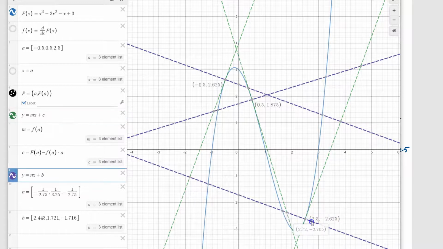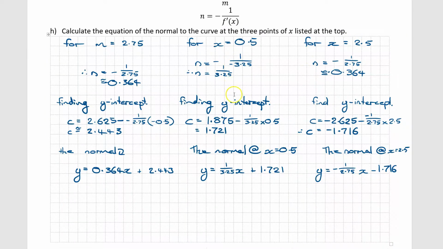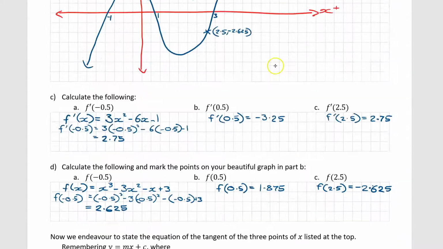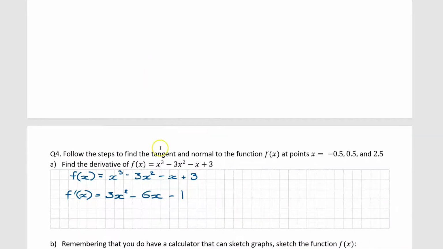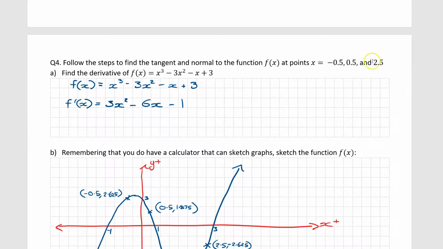And on top of that, it cuts through the common point as well. So this has been a video on how to do this new question that goes through the steps of finding the tangent and the normal functions to an original nonlinear function listed up here, at the points stated over here as well. So a little bit long, but we got there in the end.